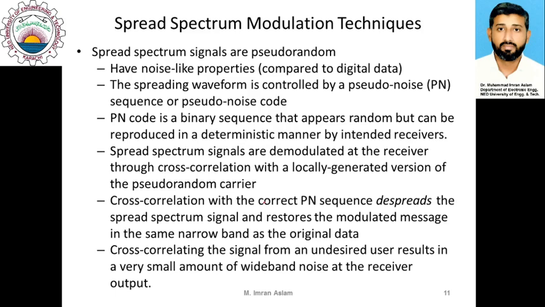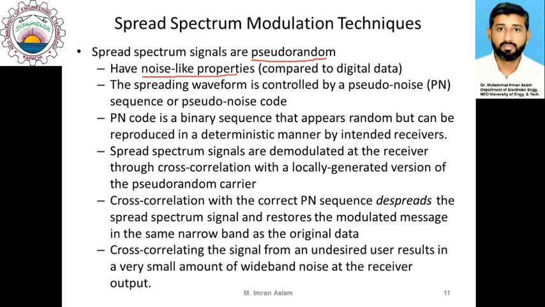So how does this spread spectrum modulated signal work? These signals are actually pseudo-random signals. So they have properties just like noise. If we compare the signal with the digital data, this spread spectrum signal would appear as a noise signal.